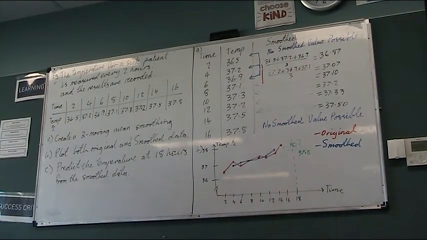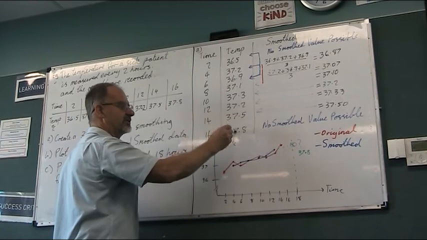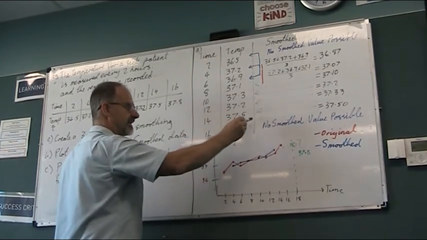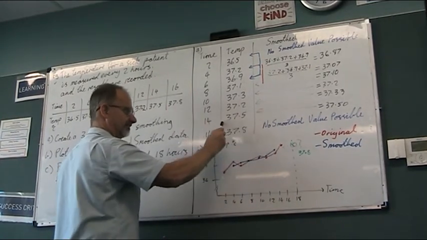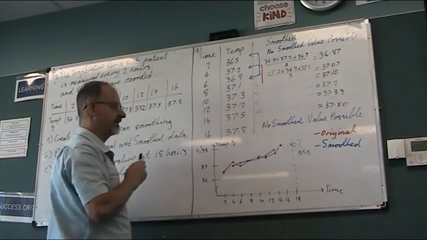Now, if we have an even number of points, it creates a bit of a problem. If I had these 2 points and I wanted to take the average, the average of these two would be the number in the middle, where there doesn't appear to be anything at the moment.